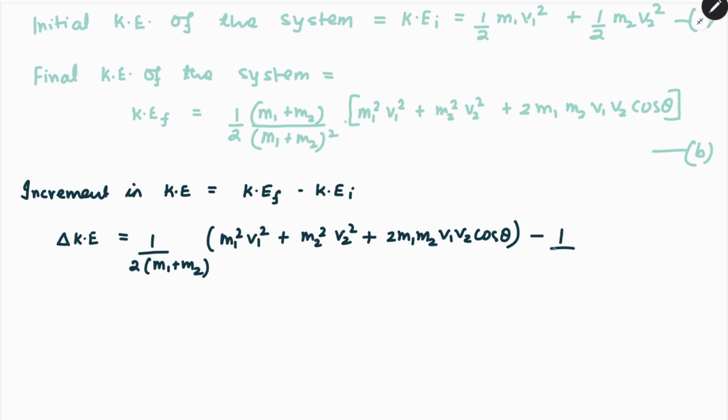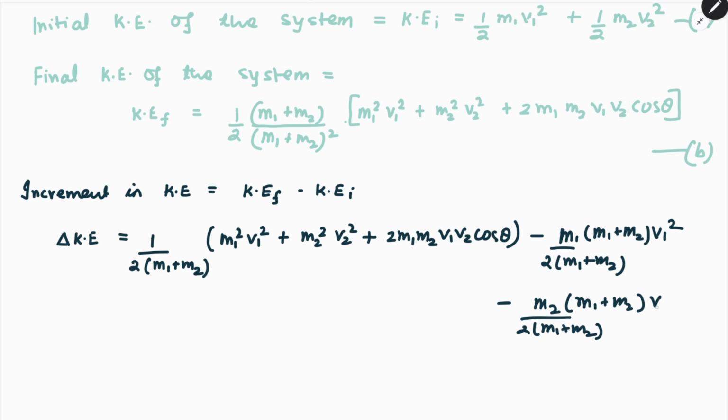So if we multiply m1 m2 on both sides, we write it as half, m1 times m1 plus m2 v1 square minus m2 upon twice m1 plus m2, multiplied by m1 plus m2 v2 square.